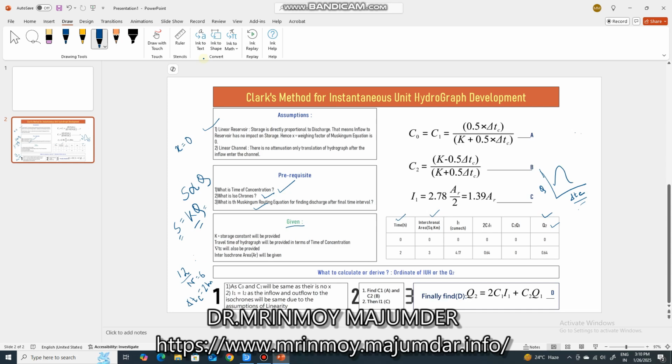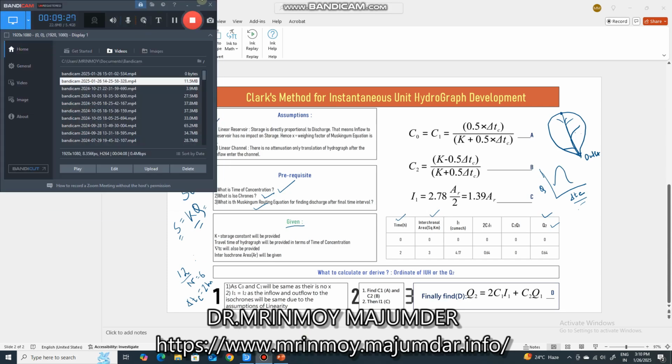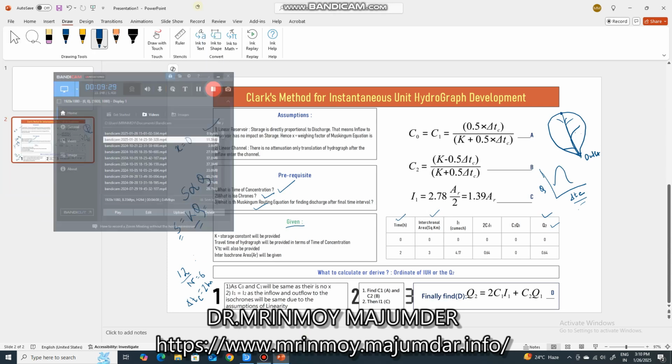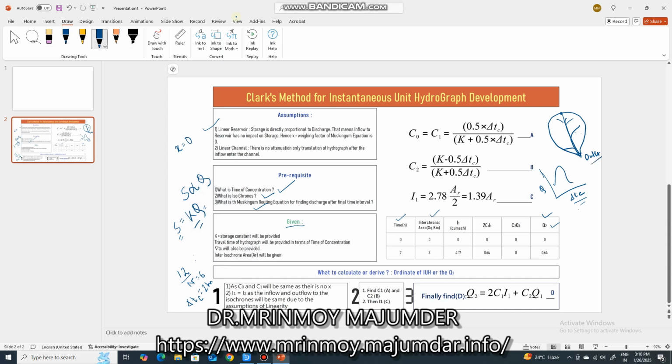segments. So if this is the watershed, and this is the furthest point of the watershed, from here to here, this is the outlet, correct? So from here to here, the time taken is 12 hours.